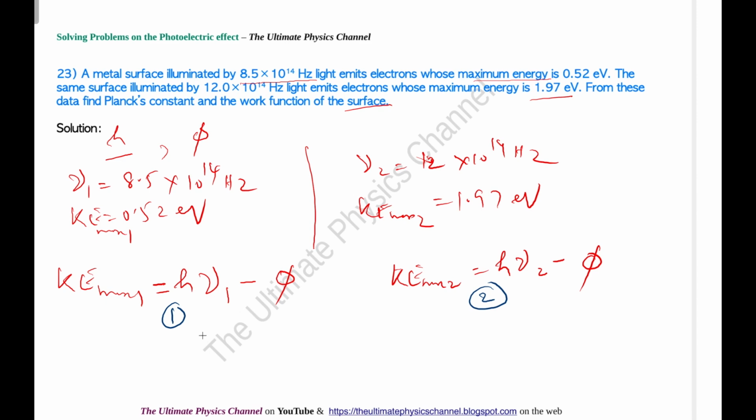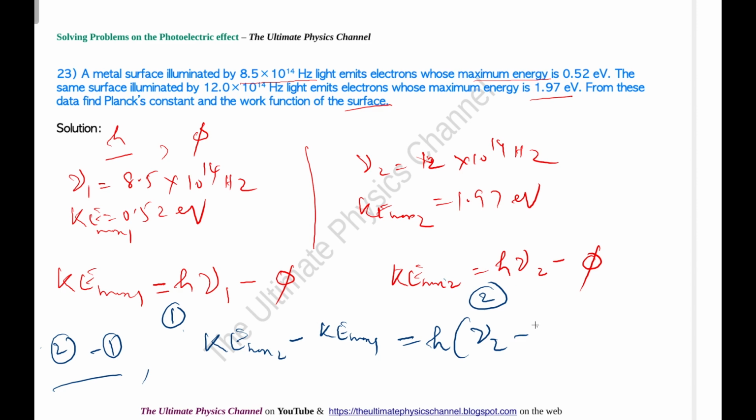So you can subtract 1 from 2. If we do 2 minus 1, we get Ke max 2 minus Ke max 1 on one side, and phi is common, so that gets cancelled. On the other side you would have h as a common factor, h times nu 2 minus nu 1.